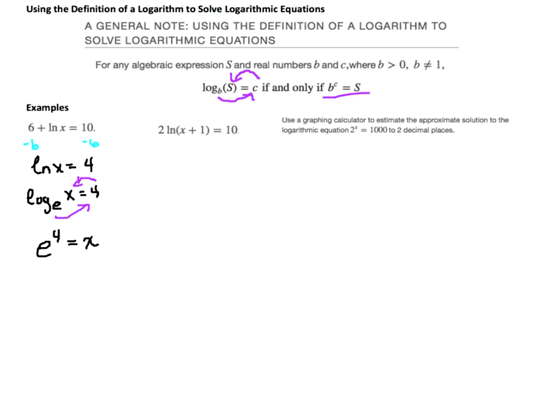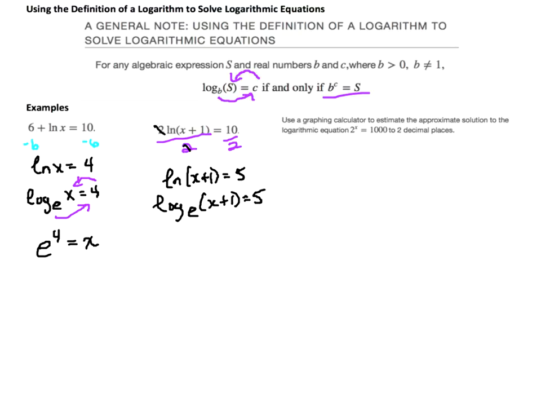With this next one, I need to divide 2 off of both sides to isolate that logarithmic expression. And that gives me the ln of x plus 1 is equal to 5. I'm going to rewrite that as log base e so I can change to exponential form.